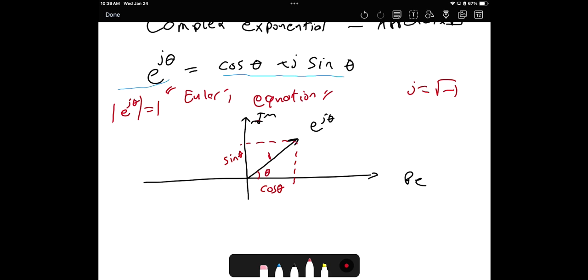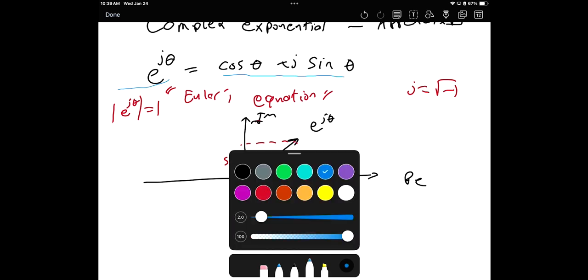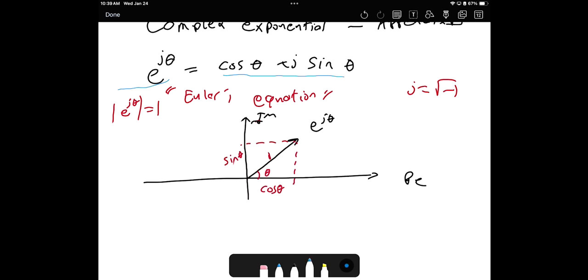And as we know from the math, since the magnitude is 1, if theta is changing, this will make a circle, changing with theta under constant magnitude. I'm going to assume the magnitude is 1, so the radius will be 1. As a result, this point is 1, this point is negative 1, this point is j, this point is negative j.